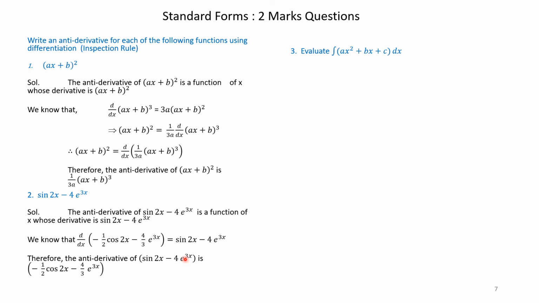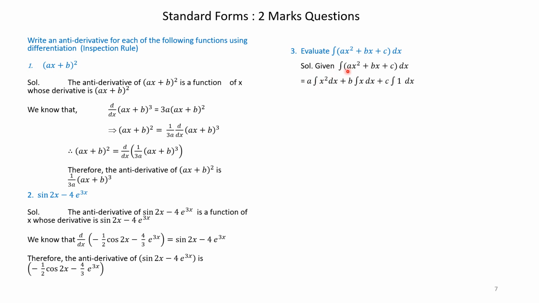Next question. Evaluate the integral of (ax square plus bx plus c) dx. Given the integral of ax square plus bx plus c, we have copied it as it is. Therefore, the given equation becomes, the coefficient of variables should be taken outside.